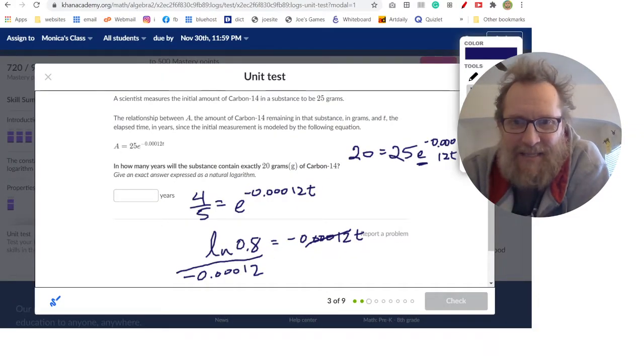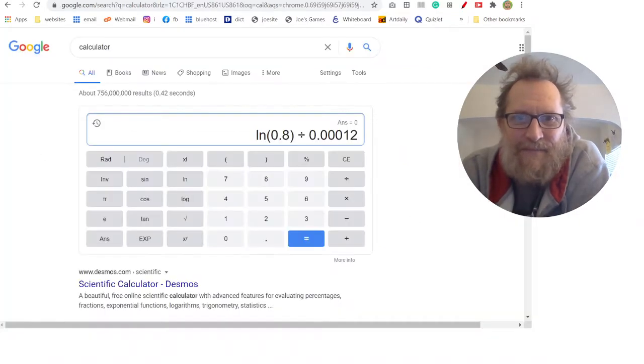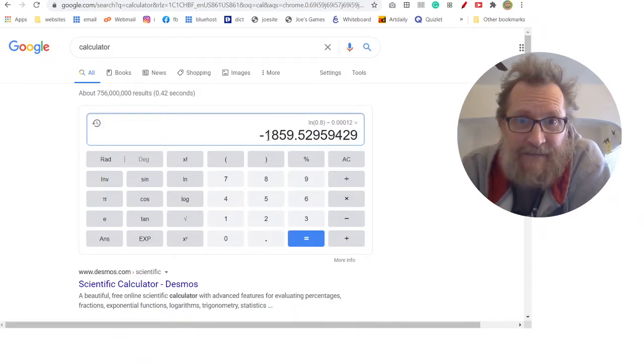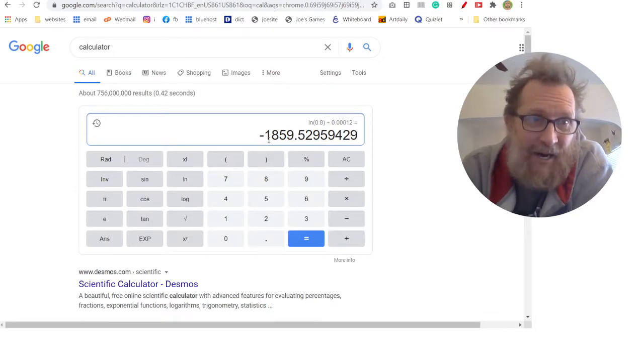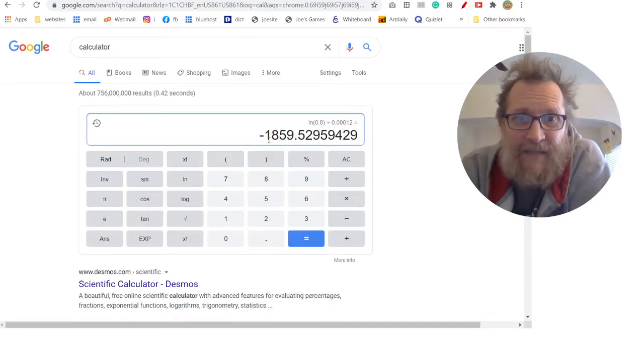Natural log 0.8 over negative 0.00012. Okay, I'm just going to throw the negative on there when we're done. And that gives me a negative, so I'm going to take that negative off. 1859.53 if I'm rounding to the thousandth.